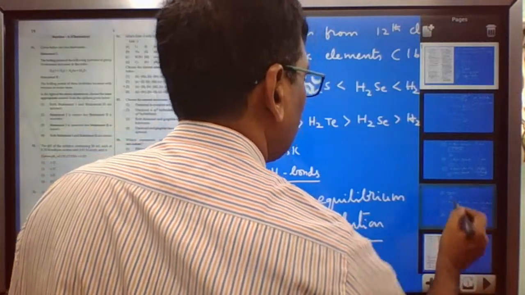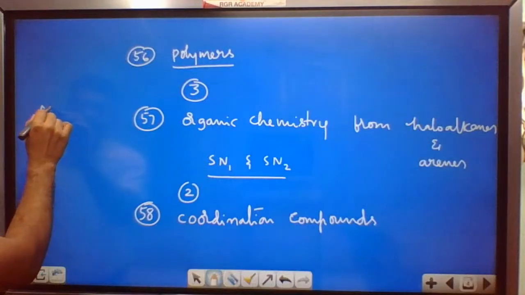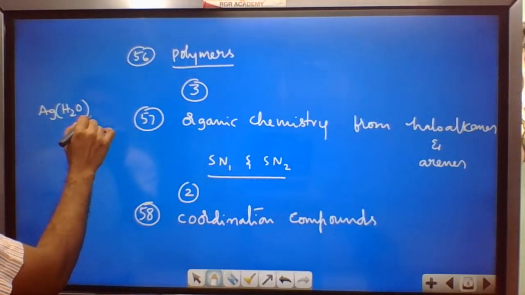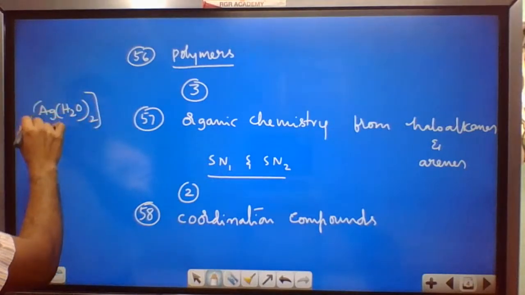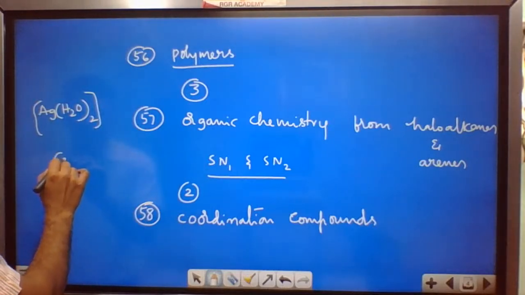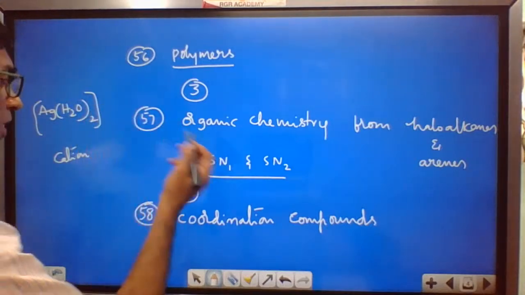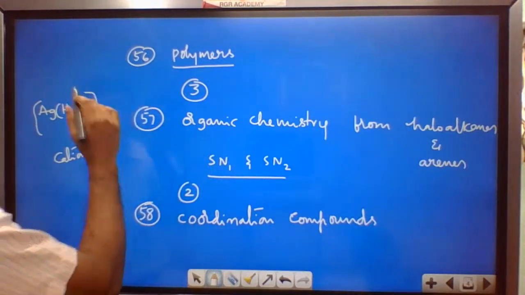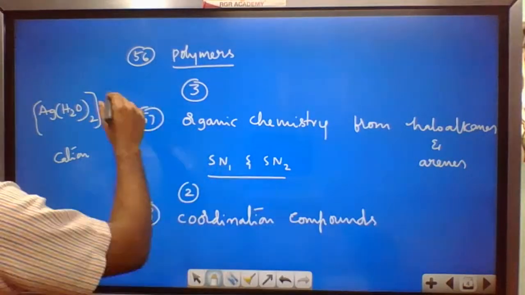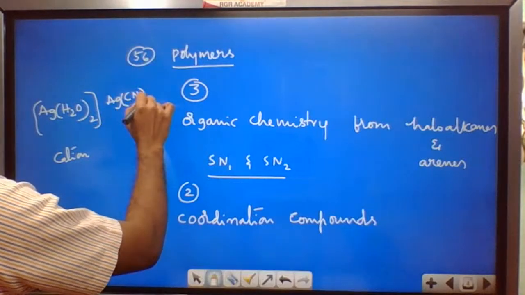[Ag(H2O)2] is the cation. Generally we write the cation first followed by the anion. The other one is [Ag(CN)2].